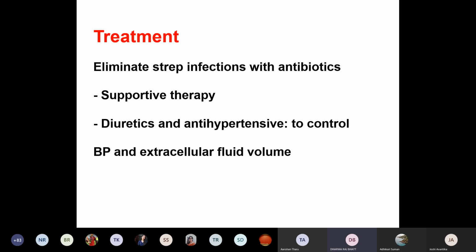And this organism, as we have discussed, is likely to colonize around 5 to 10% of normal individuals without causing any infection.